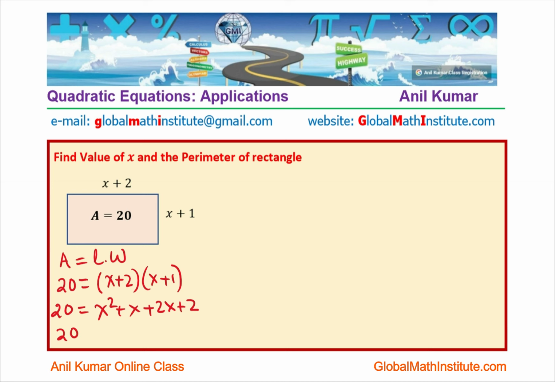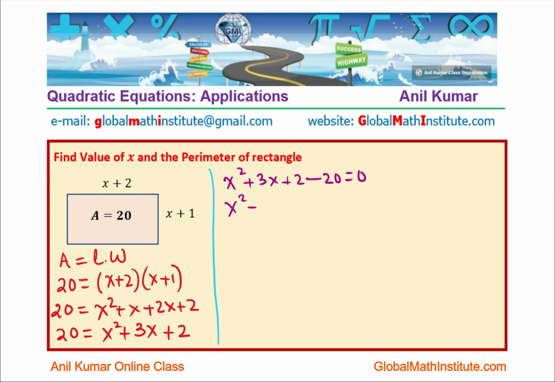Or you get the equation 20 equals x square plus 3x plus 2. So we can bring all the terms together and rewrite the equation as x square plus 3x plus 2 minus 20 equals 0. We have x square plus 3x minus 18 equals 0.